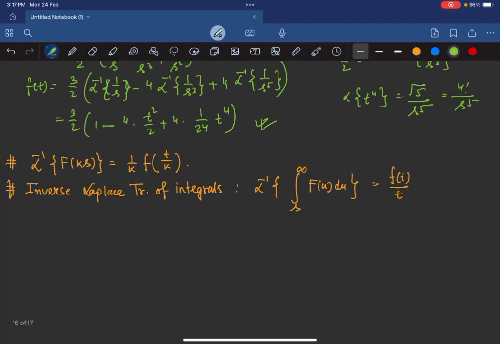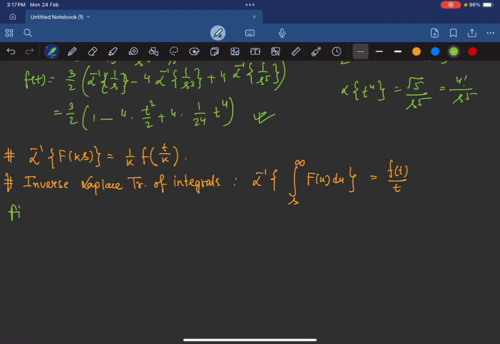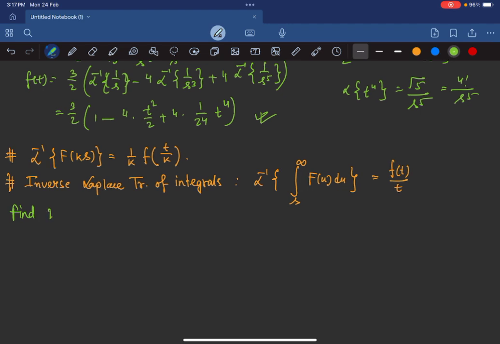So one question I can give you from this: find the inverse Laplace transform for 1/2 ln((s+1)/(s-1)).